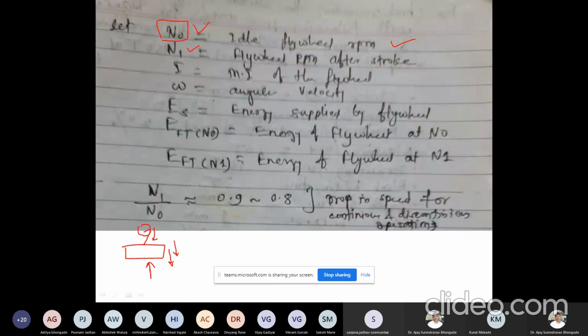So due to the energy released for the cutting, blanking or drawing operation, the RPM decreases, and let us say the decreased RPM is N1.